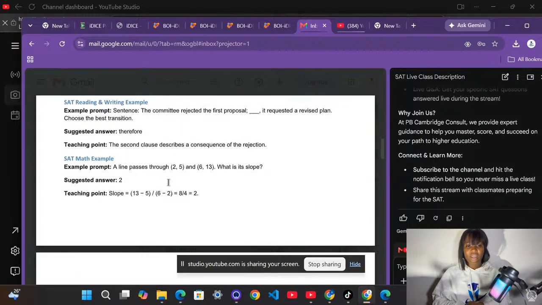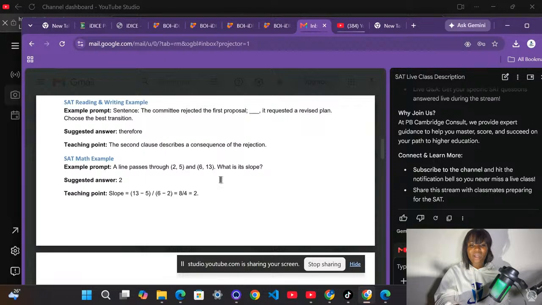example prompt. A line passes through two coordinates, 2, 5 and 6, 13. What is its slope? A line passes through coordinates 2, 5, where the y is 2 and the x is 5, and we have 6 and 13.